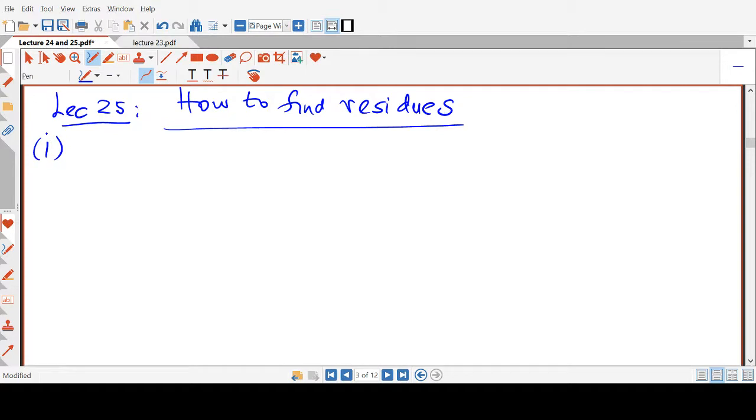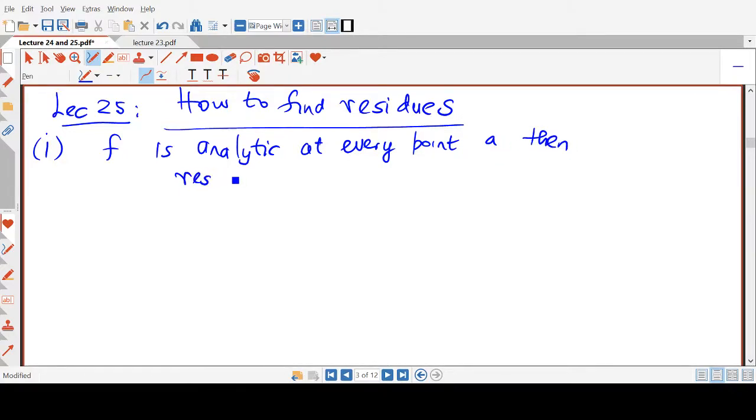One, if f is analytic at every point A, then the residue of f of z at z equals A is 0. And that makes sense.